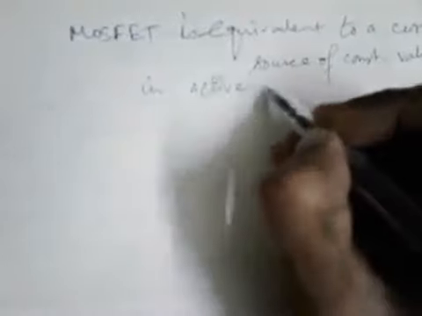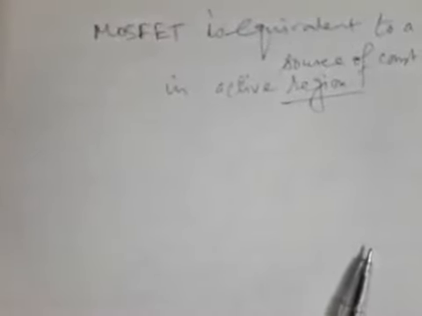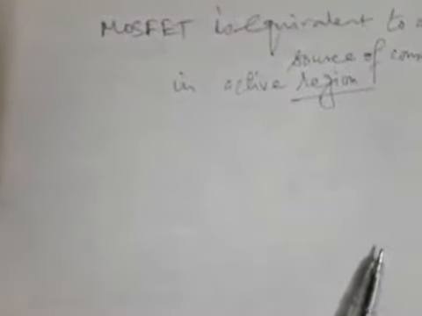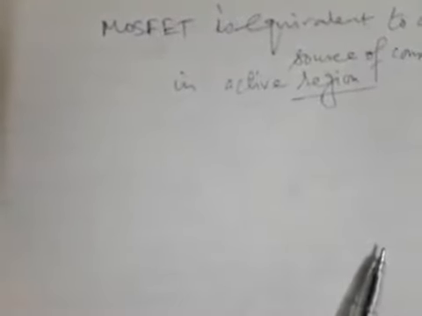So MOSFET is equivalent to a current source of constant value in the active region, because you can see that the characteristics will be flat, or parallel to the voltage axis, so it will become independent of the increase or decrease of voltage.